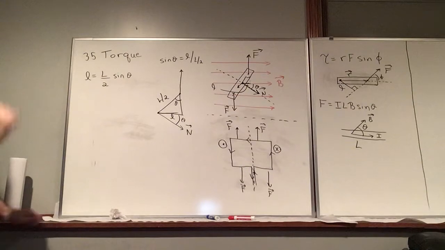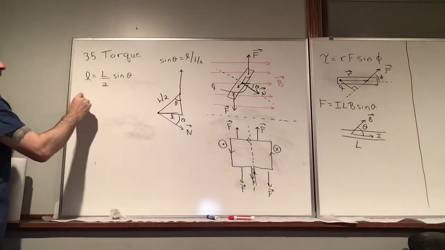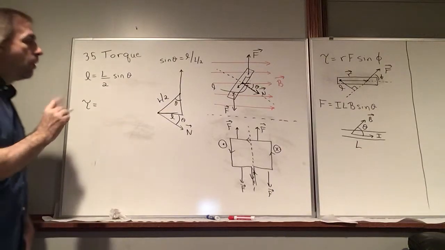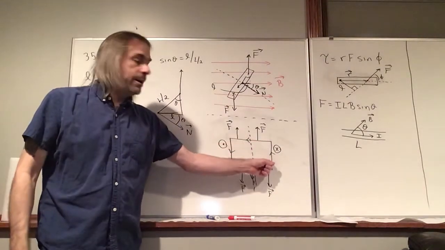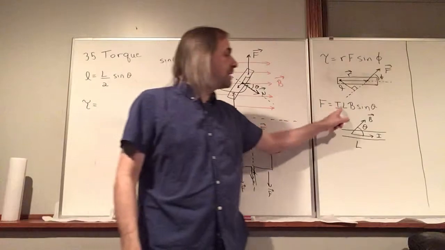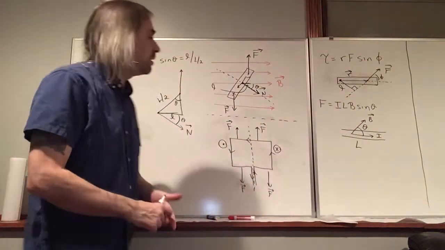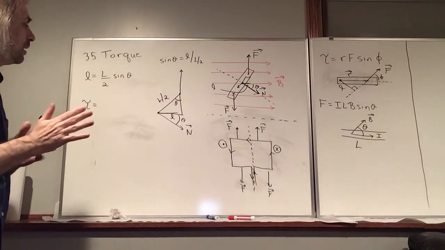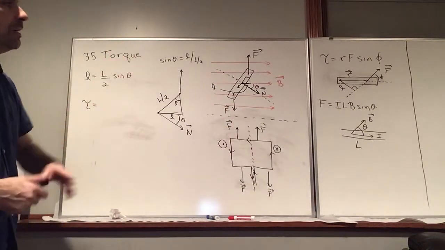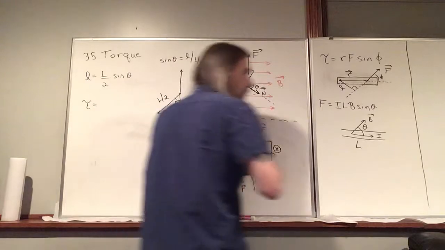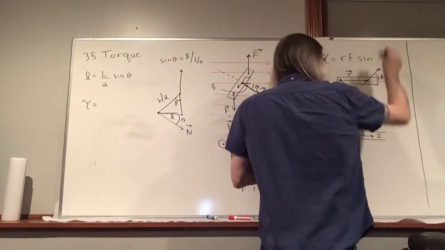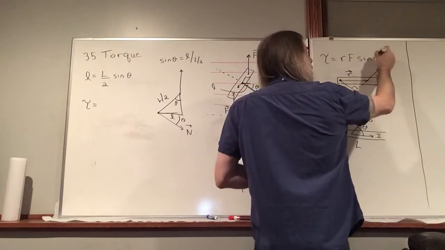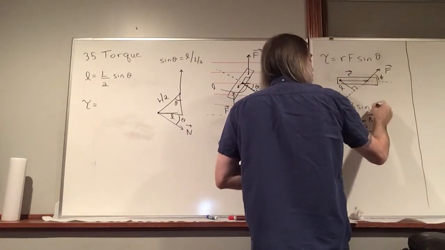Okay, so now we can find the torque, which is just the force times the lever arm. Well, let's look at the force on this wire. So force is ILB sine of theta. I know I want theta to end up in the end, just because that's how it's always written.